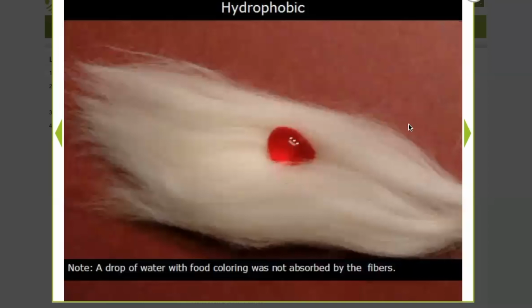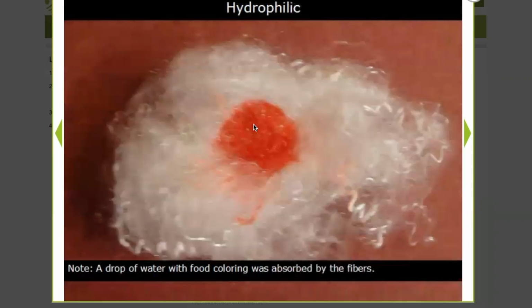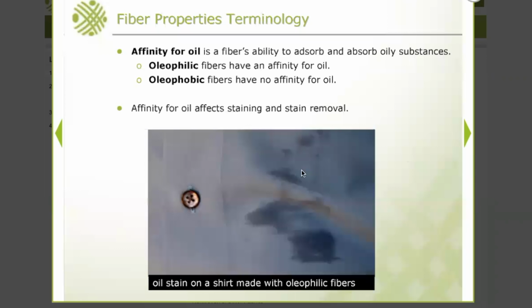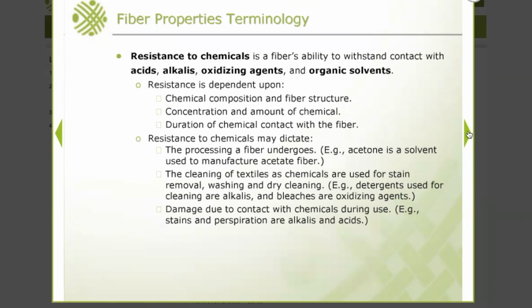You see that it's not absorbed. But this one is hydrophilic, where you drop the liquid and it just gets absorbed all the way in. This is an oleophilic shirt fabric, and you can see that the oil stained that shirt. That means it has affinity for oil.